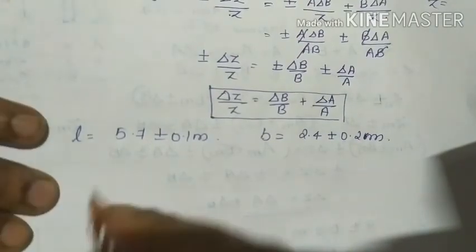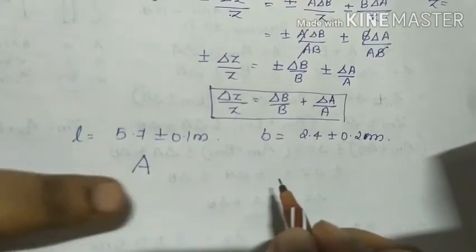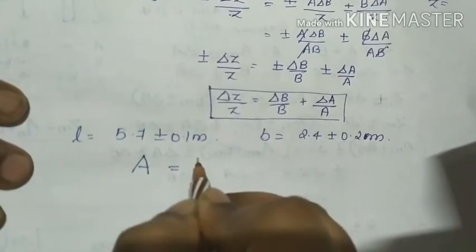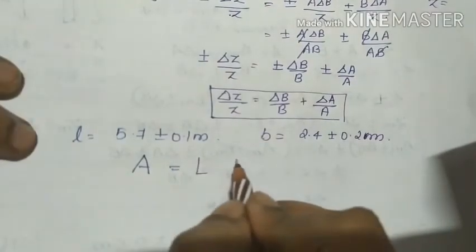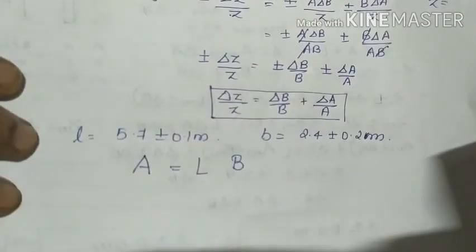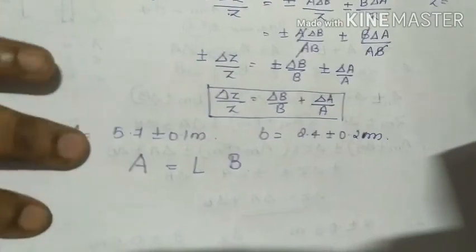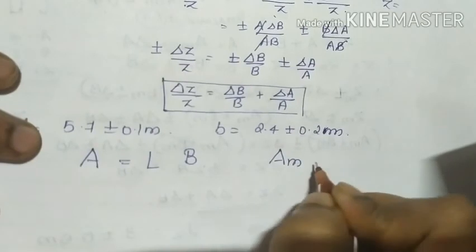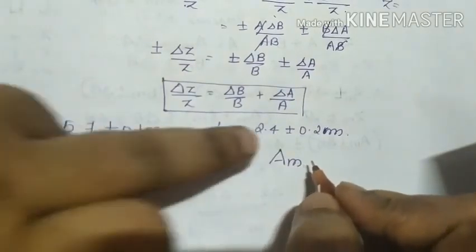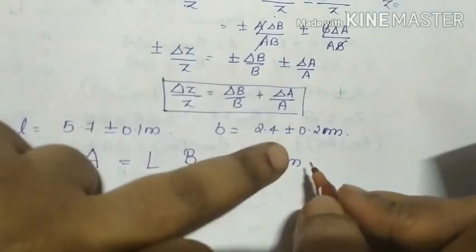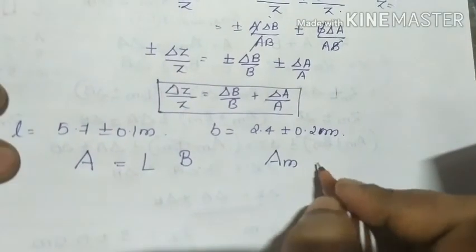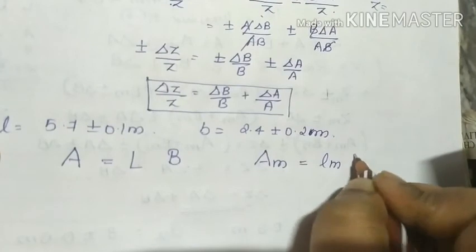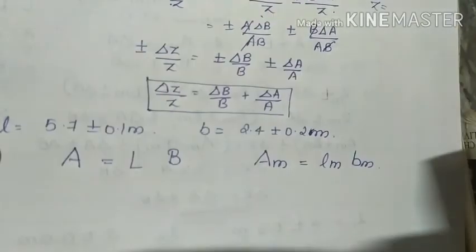Now let's say I'm going to write area as A. So the true value of area is length of the rectangle into breadth of the rectangle. But you are measuring the area. That means there is an error in here, right? There is an error in length and there is an error in breadth also. So measured area is equal to length measured into breadth measured.